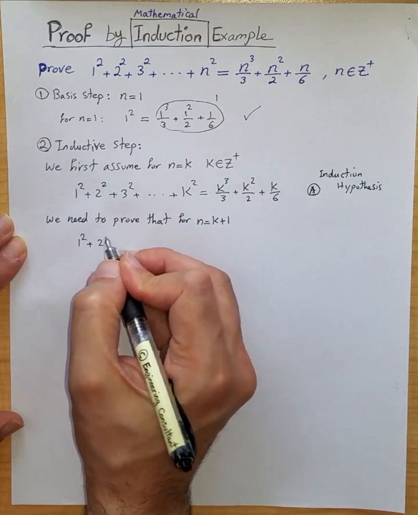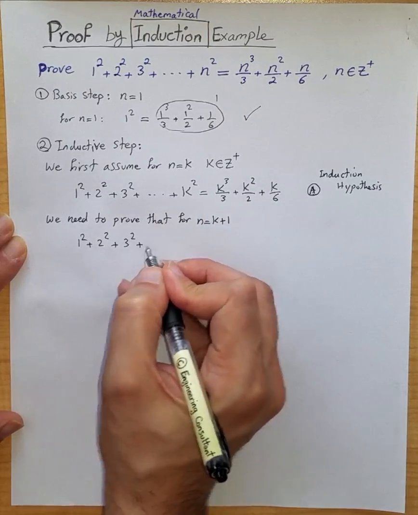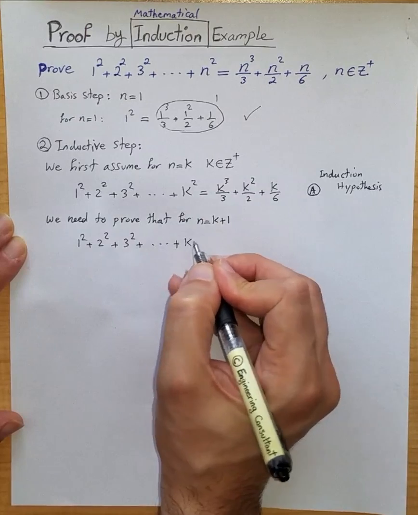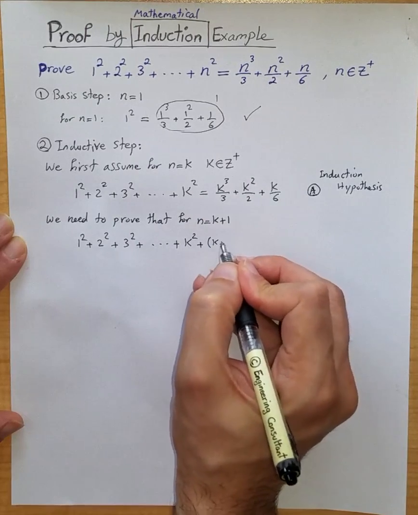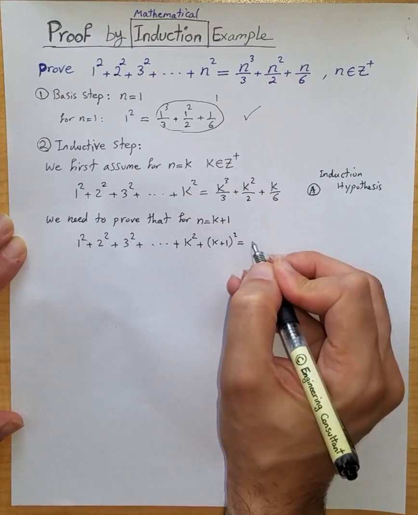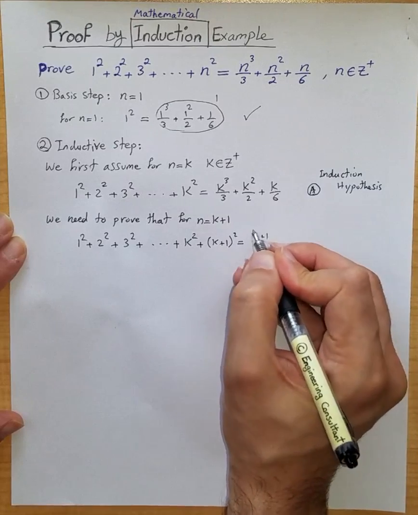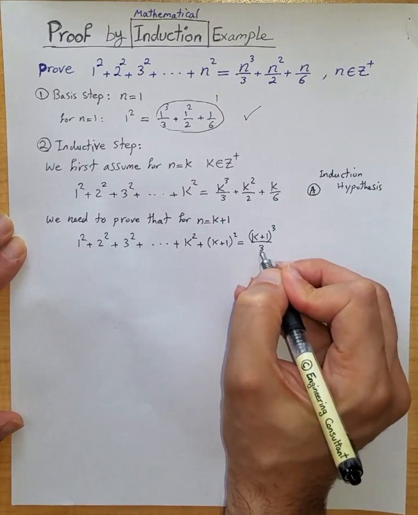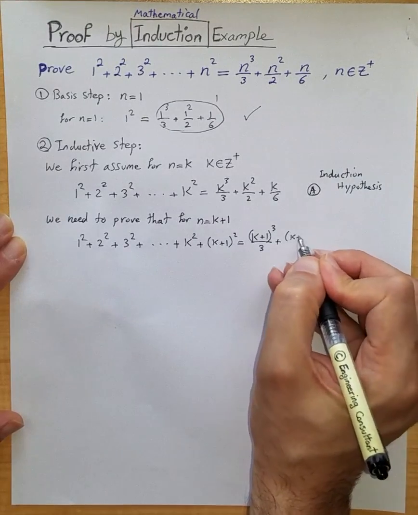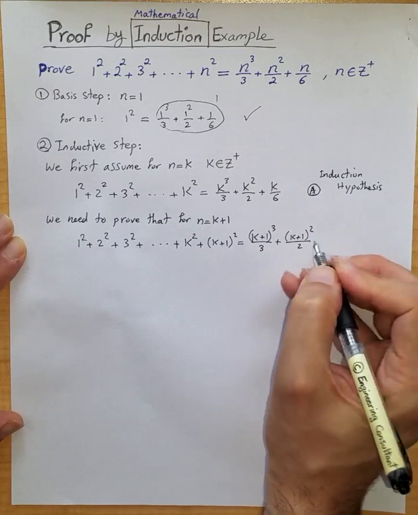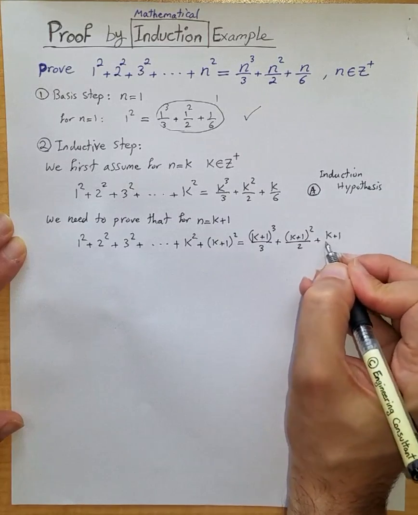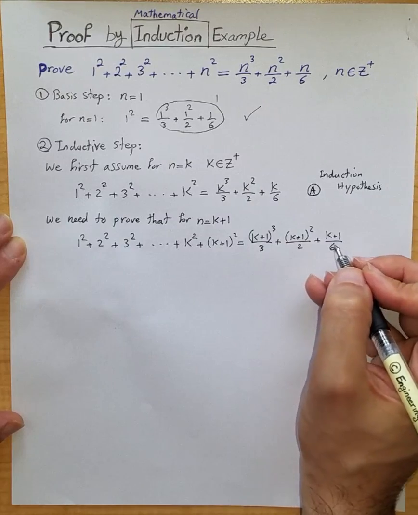So 1 squared plus 2 squared plus 3 squared plus up to k squared plus k plus 1 squared is equal to k plus 1 cubed divided by 3 plus k plus 1 squared divided by 2 plus k plus 1 divided by 6. That's what we want to prove.